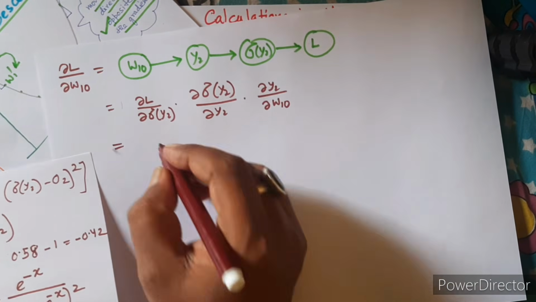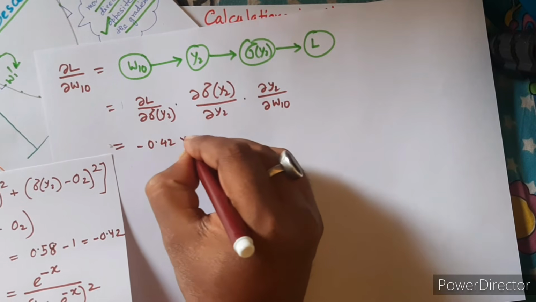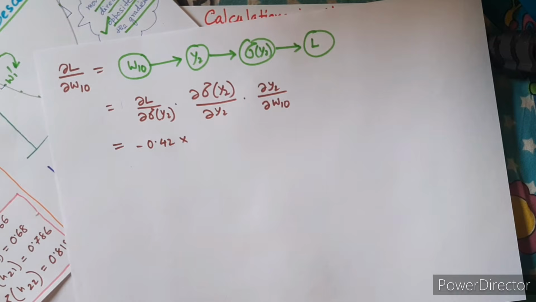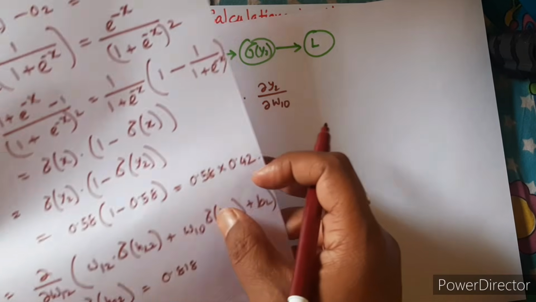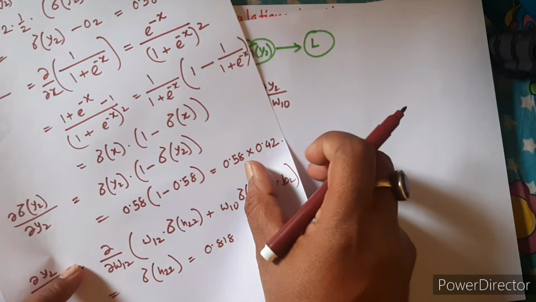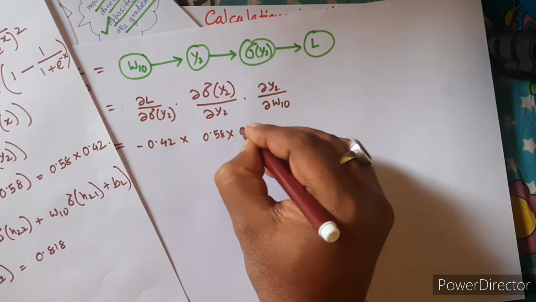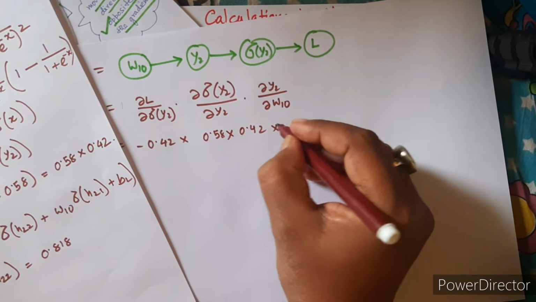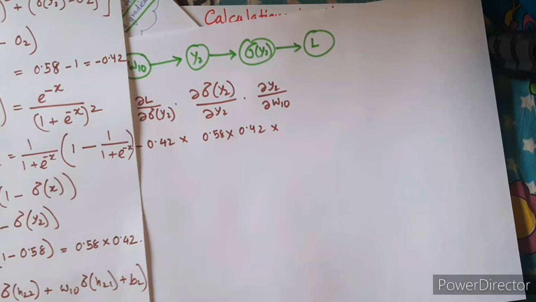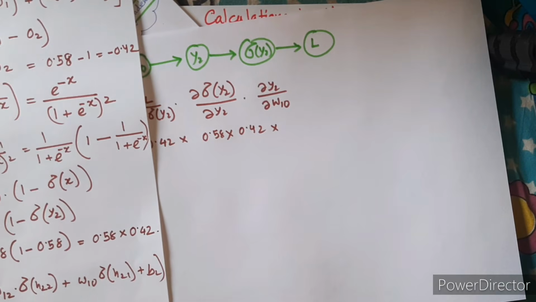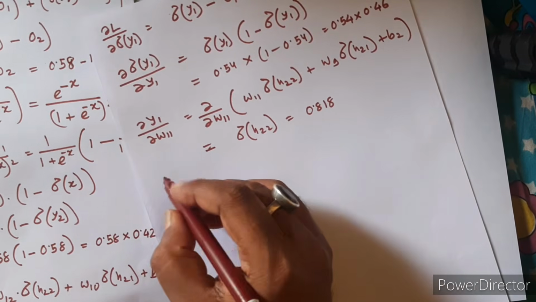It will be 0.42 minus, into, what is this one? This is 0.58 into 0.42. What is this one? This is not calculated, so this again we can calculate.